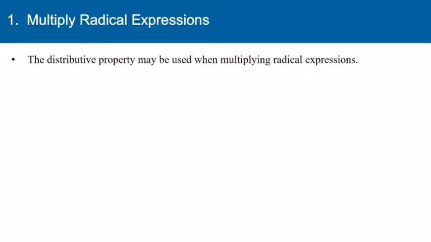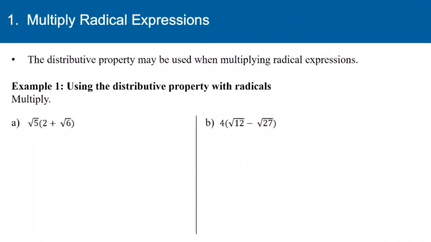Okay, first you'll be glad to know that the distributive property is still used the same way when you're multiplying radical expressions. So let's practice here. We have square root of 5 times 2 plus square root of 6. So we just want to distribute this square root of 5. When we multiply a radical times an integer, typically we write the integer in front so that there's no confusion about whether that number is under the radical or not.